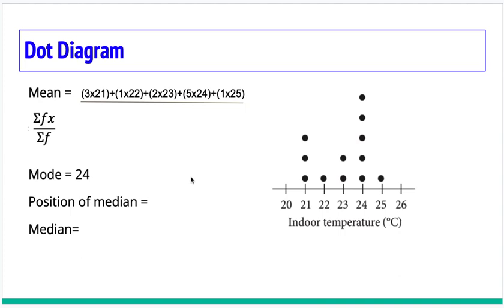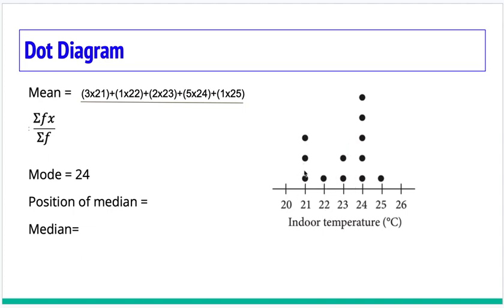Now let us take a look at the mode, mean and median for a dot diagram. Similarly, we need to calculate the total for each score. There are 3 numbers of 21, 1 number of 22, and so on.